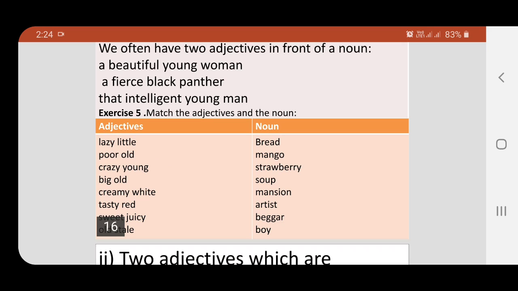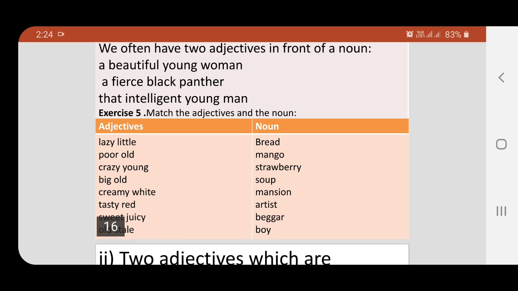Your exercise number 5 is based on adjective order. You have two adjectives: lazy little, poor old, crazy young, big old, creamy white, tasty red, sweet juicy, old stale.